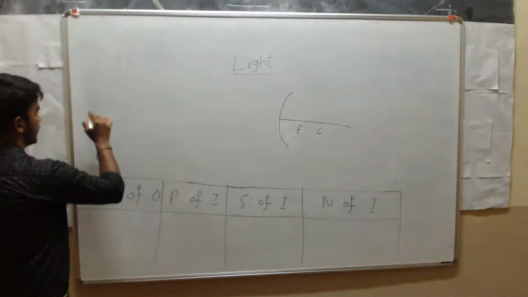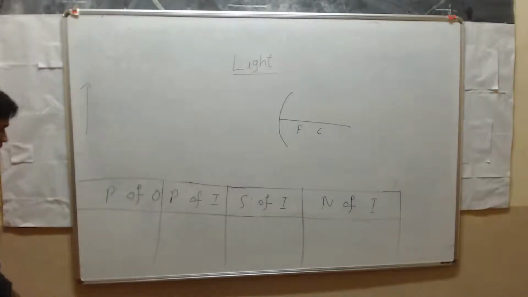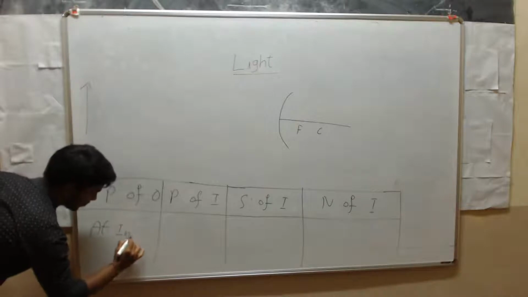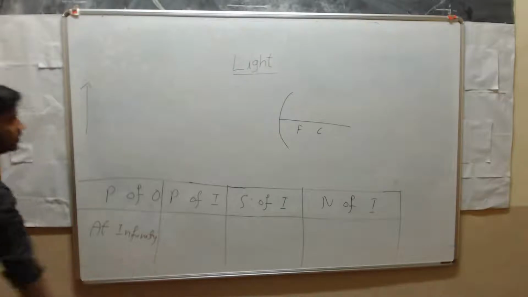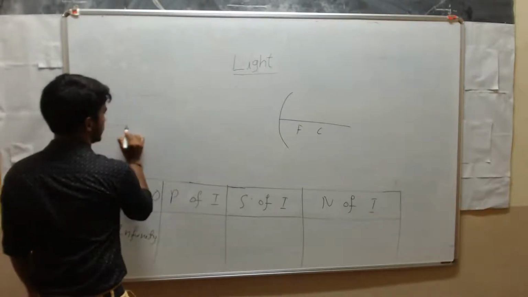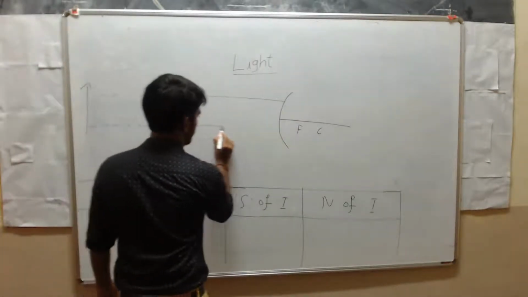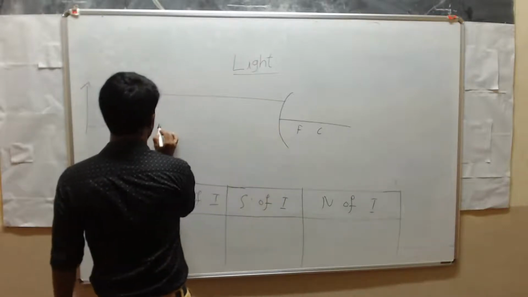Now the reflecting surface is curved outwards. First consider keeping the object at infinite distance. Position of the object: at infinity. When the object is at infinity, the rays are parallel to each other. To show the image formation, we will consider only two rays.